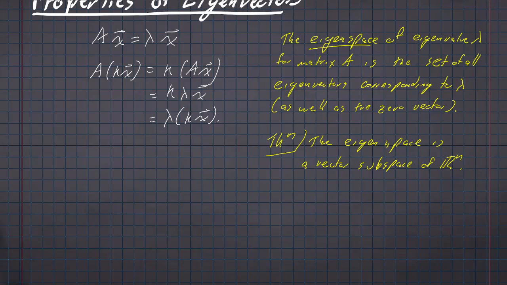And for an n by n matrix A and a particular eigenvalue lambda, the eigenspace will form a vector subspace. And that's another one that I would like you to try to prove on your own.